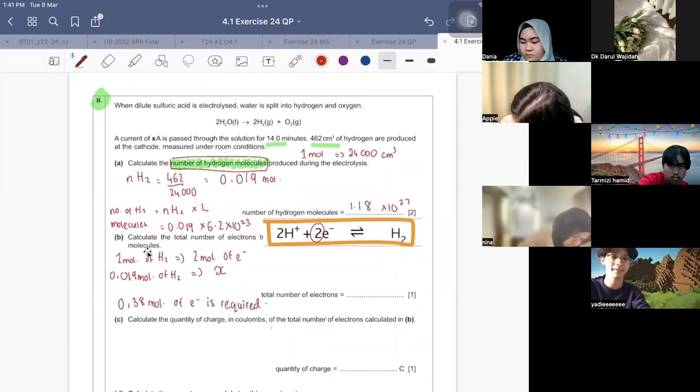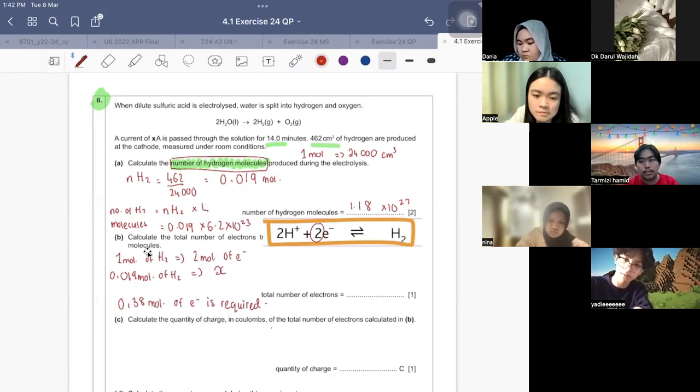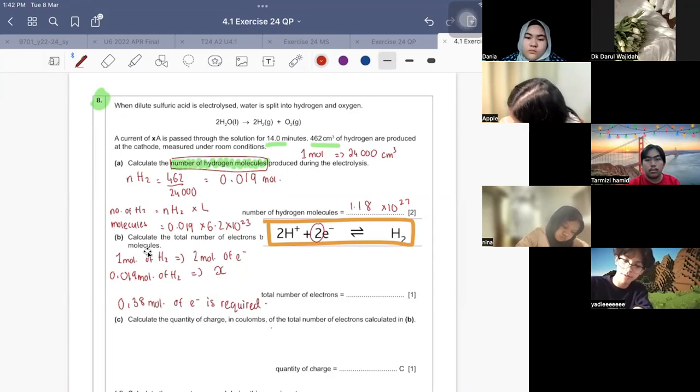Are you all okay so far? The relationship in the equation, half cell equation, is important. Okay, but the question is not asking about the number of moles of electrons. They want to know the number of electrons. How many units of electrons are there to produce 0.019 mole of hydrogen?